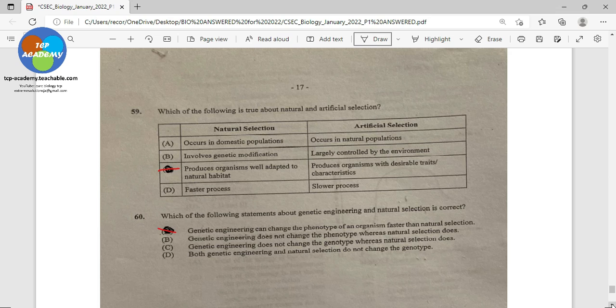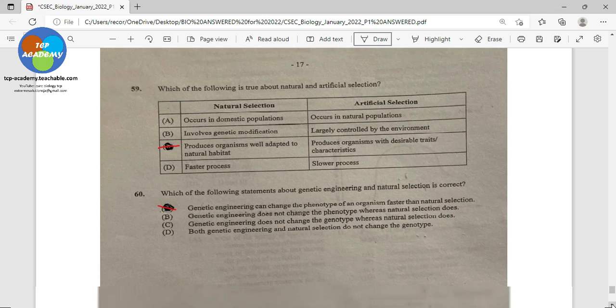The answer there being A. Genetic engineering can change the phenotype of the organism faster than natural selection. Remember, it takes a period of time. We could even think about the whole idea of allopatric and sympatric. Think about speciation. We could pretty much think about this question.